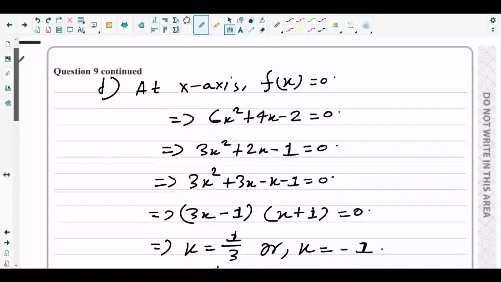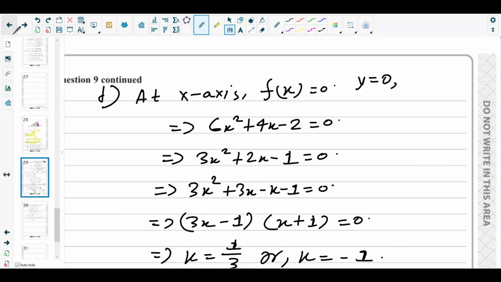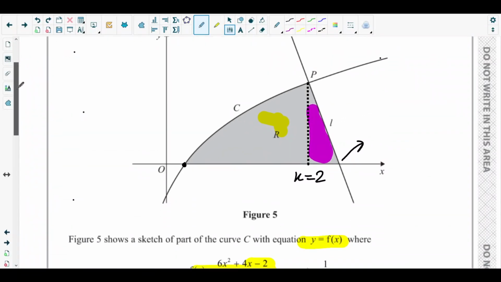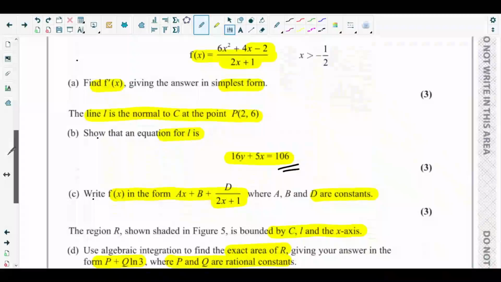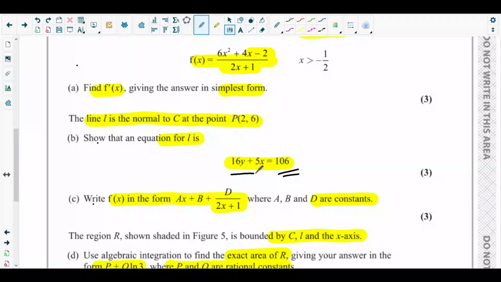So at the x-axis, f of x equals 0, and also y equals 0, right? So if y equals 0, if you consider the equation, we have to put y equals 0 into this equation, right?